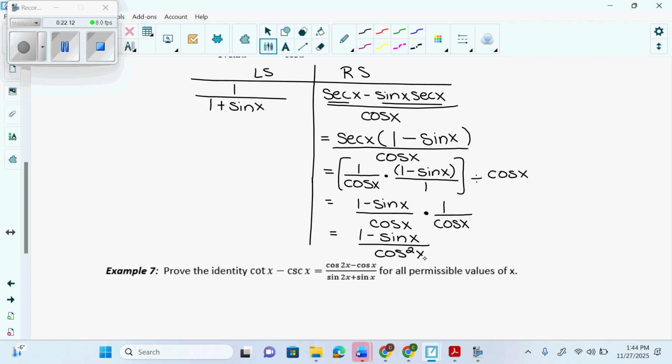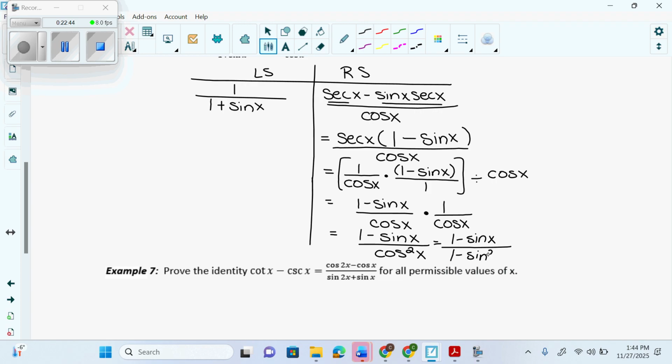Now I can stop here and multiply by the conjugate over here. Or does anyone know what I could replace cos squared x with? So what can I replace cos squared x with? 1 minus sine squared x, yes? So on the top I get 1 minus sine x. On the bottom I get 1 minus sine squared x.